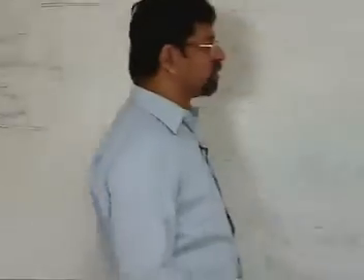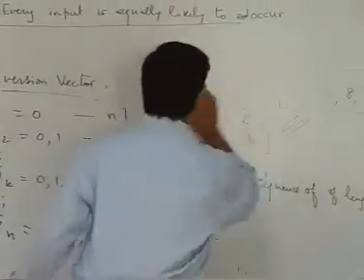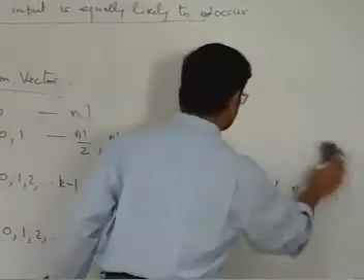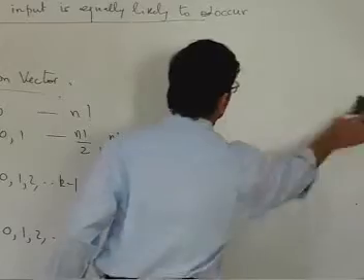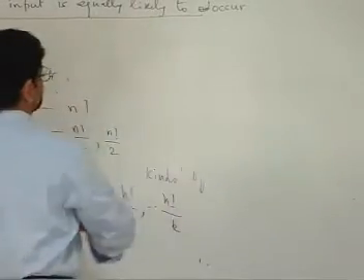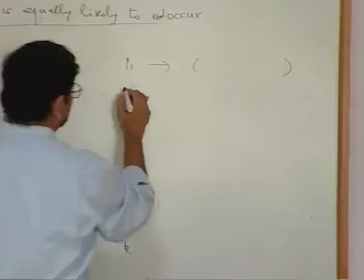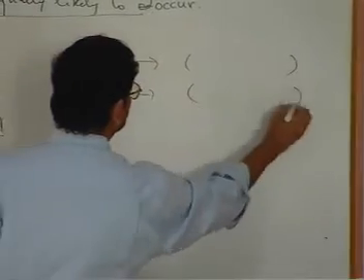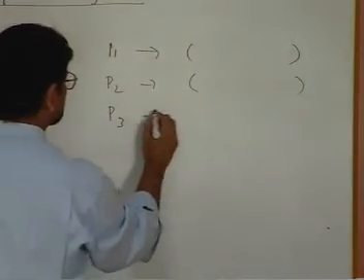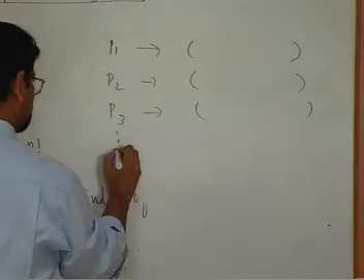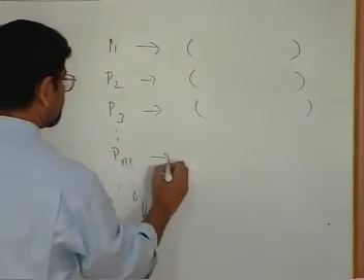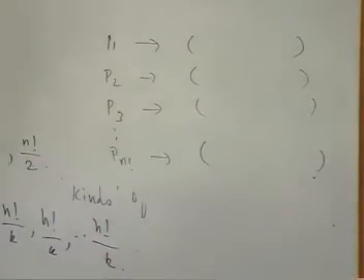One way to visualize this is as follows. For permutation P1, you have an inversion vector. For permutation P2, you have another inversion vector. P3 has another inversion vector, and for P n factorial, there is an inversion vector.